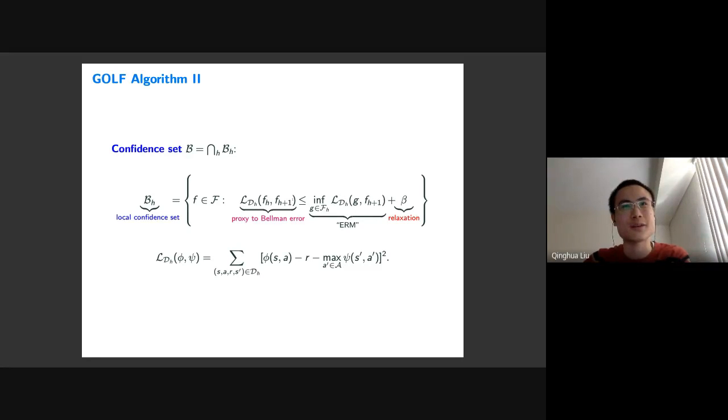When we have completeness, we can say as long as the function satisfies this inequality, it should be close to the Bellman operator operating on fh plus 1. So that's something we want. If we don't have completeness, we cannot obtain something like that.